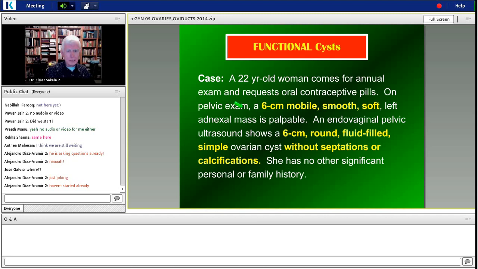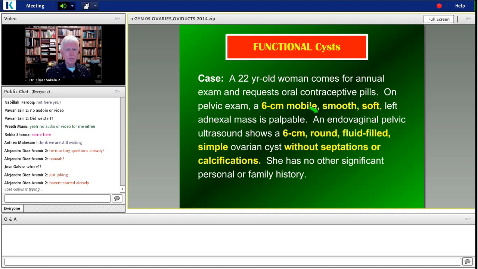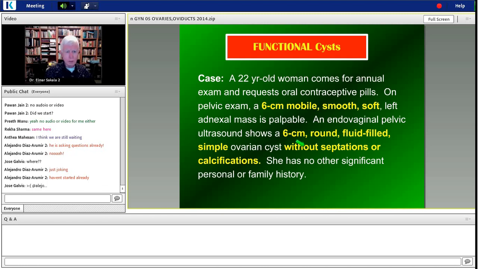On pelvic exam, she has a 6 centimeter mobile, smooth, soft left adnexal mass, which is palpable. An endovaginal pelvic ultrasound shows a 6 centimeter round, fluid-filled, simple ovarian cyst without septations or calcifications. She has no other significant personal or family history.